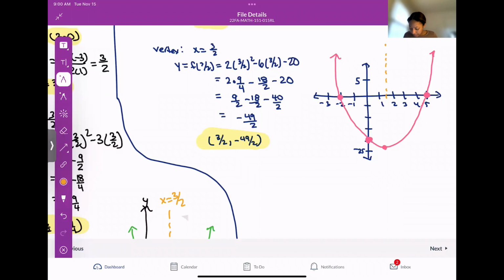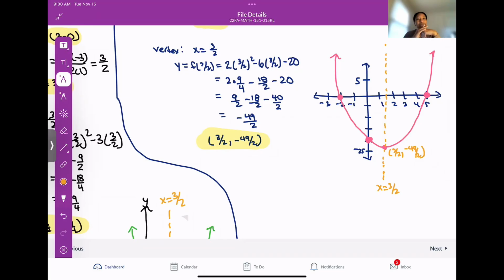So this is x equals 3/2. And then remember to label your other points. This is (3/2, -49/2). And then the other points on the axes are pretty clear. But if they're not, you should label them.